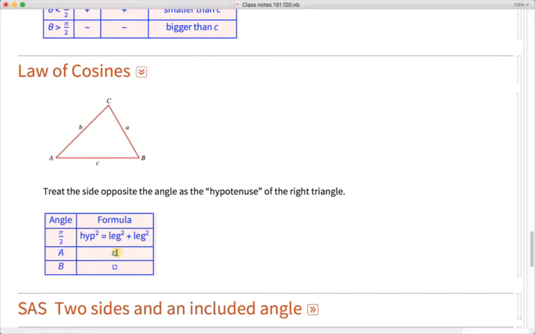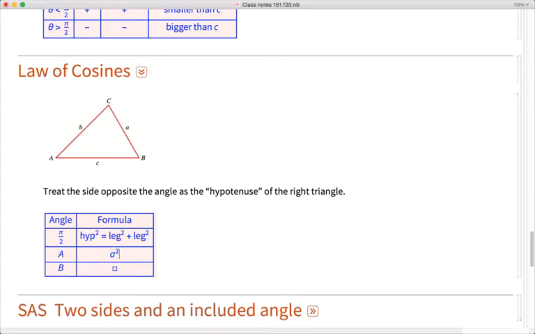So you start out with a squared equals b squared plus c squared, but then you need to make the adjustment: subtract off twice the product of the legs, the fake legs here being b and c, times the cosine of the angle in between, whichever angle you're choosing to use.